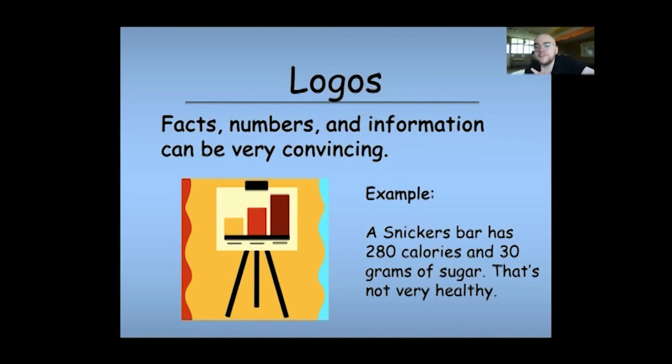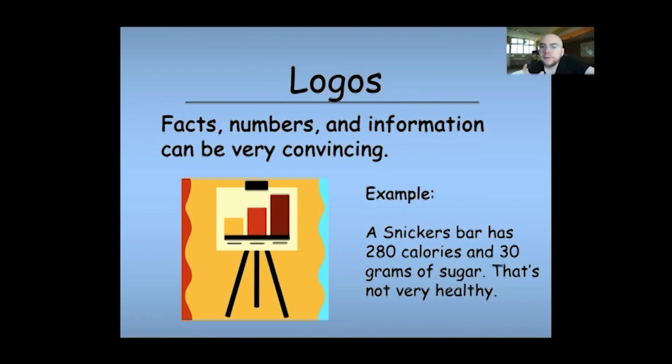So for an example, a Snickers bar has 280 calories and 30 grams of sugar. That's not very healthy, right? So the facts speak for themselves, right? Wow, 280 calories and 30 grams of sugar. Wow, it is not very healthy.